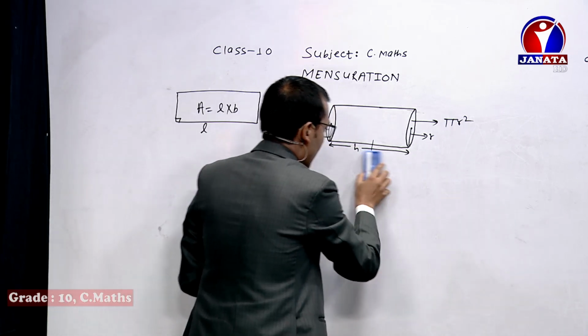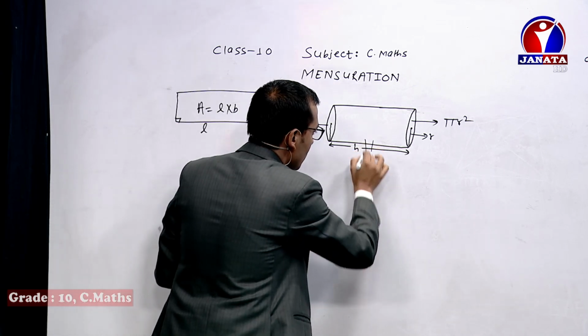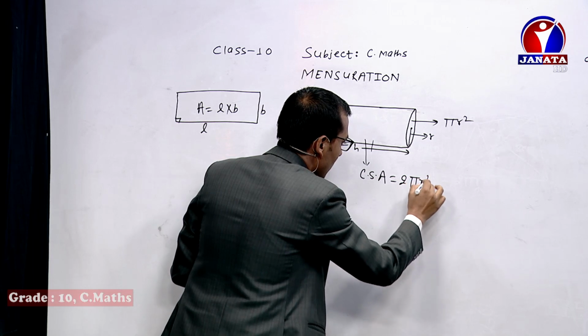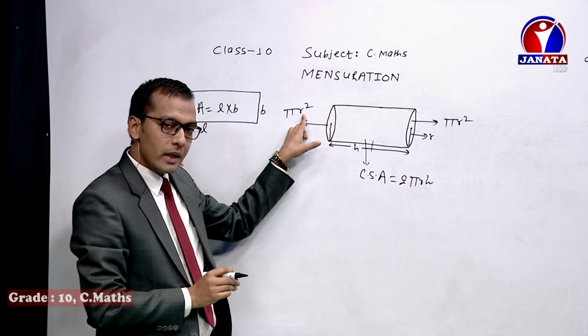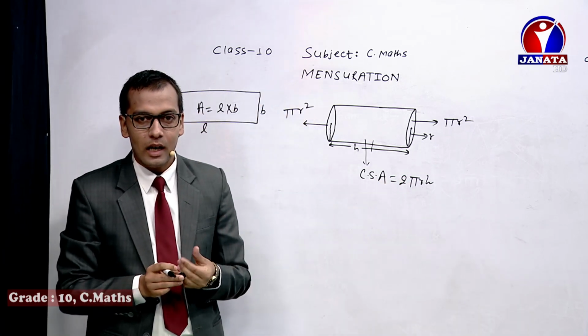Curved surface area, we know now what is curved surface area. CSA is 2 pi r times h.